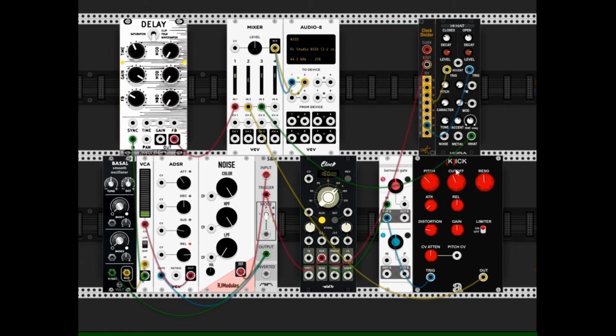So the pure percussion side is added. There I've added the closed and open hi-hat, and the clock divider. The clock divider gets its clock from the central clock unit, and from there I have the divided by 2 going to the closed hi-hat, so you hear it quite often, and divided by 7, so a lot, and you hear it there very rarely only, is the open hi-hat.